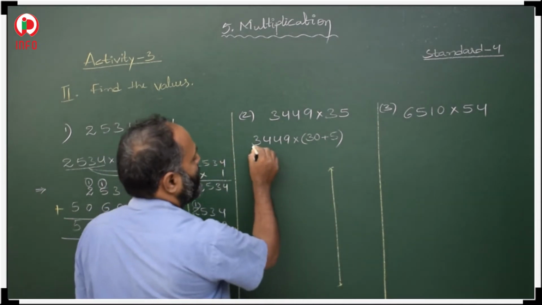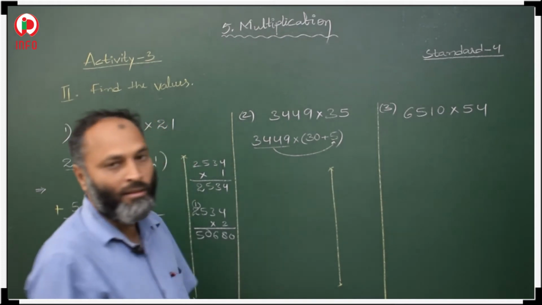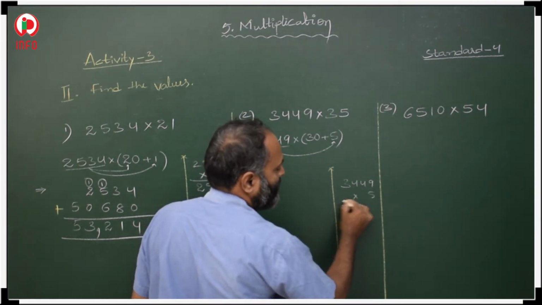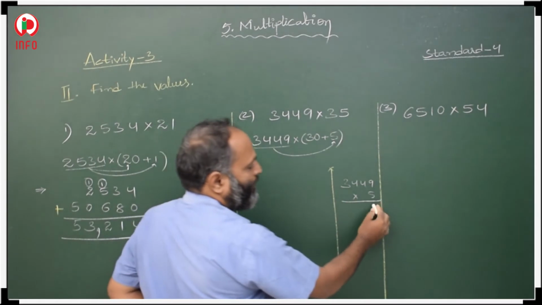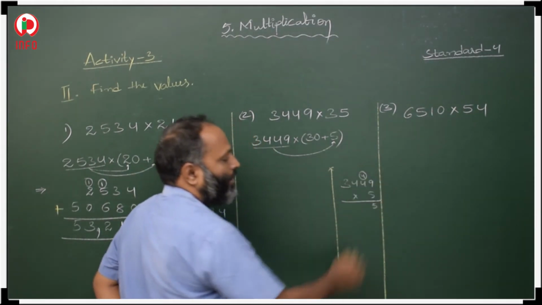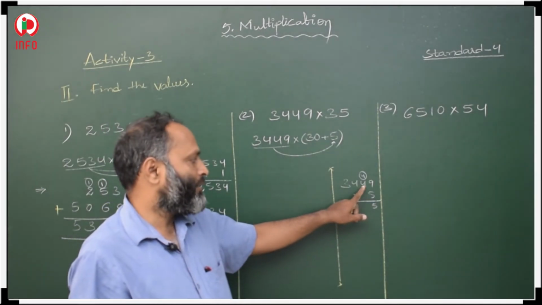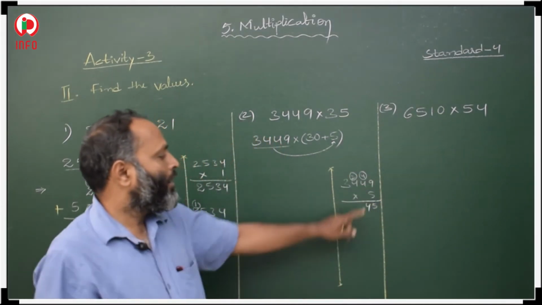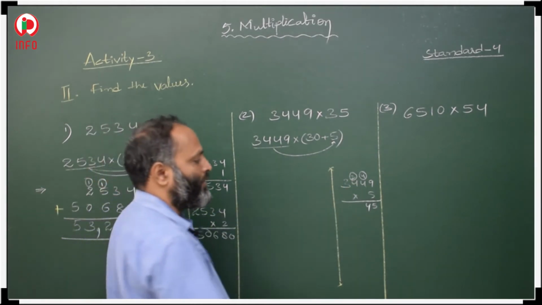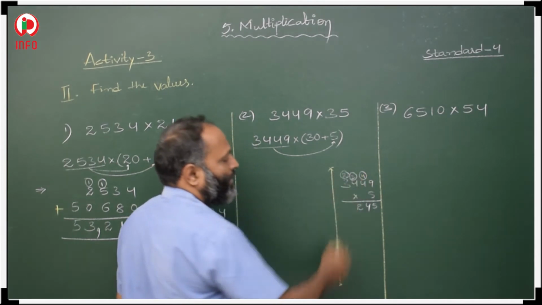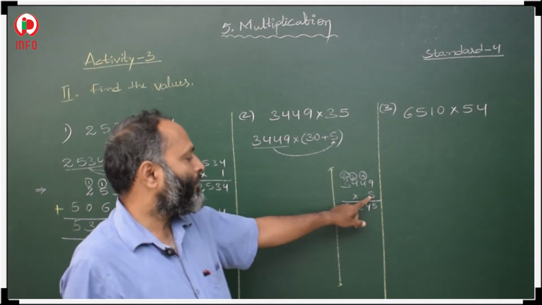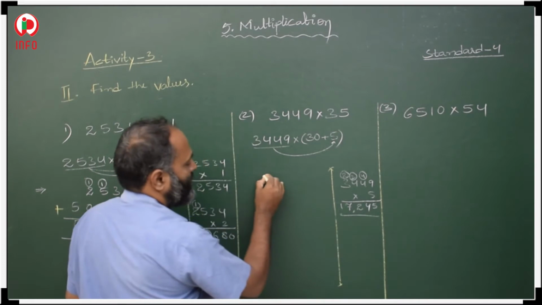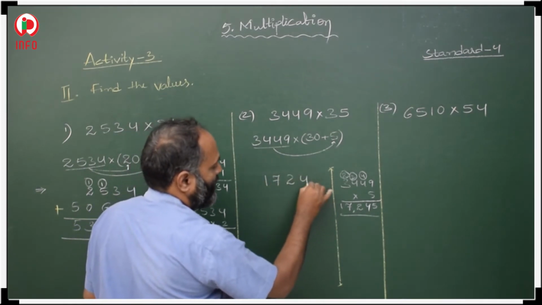First you multiply 3,449 with 5. 5 nines are 45, 5 in ones, 4 carry over on tens place, 5 4s are 20, 20 plus 4 is 24, 4 in tens and 2 carry over on hundreds, 5 4s are 20, 20 plus 2 is 22, 2 in hundreds and 2 carry over on thousands place, then 5 3s are 15, 16, 17. It is 17,245.